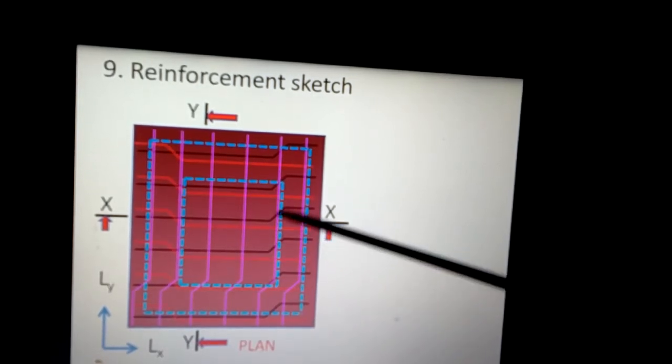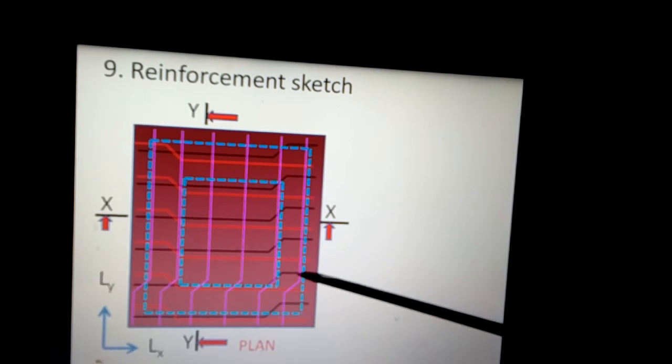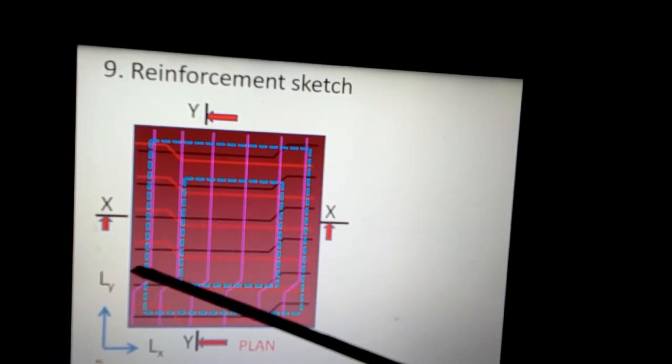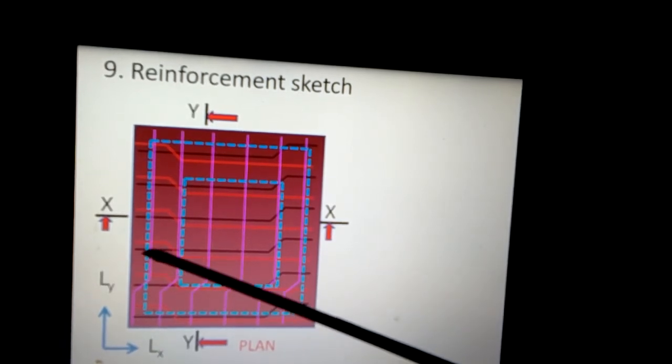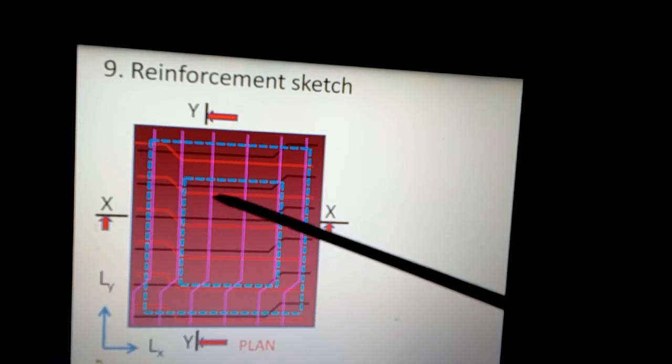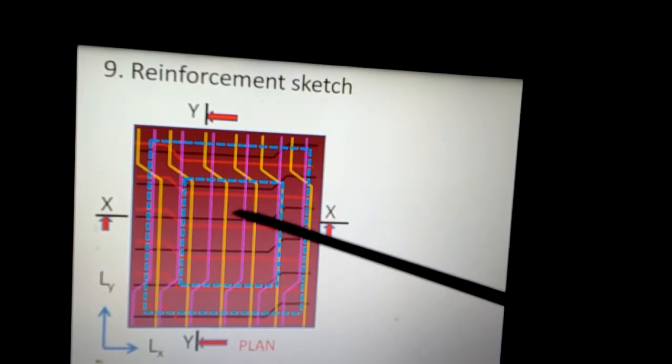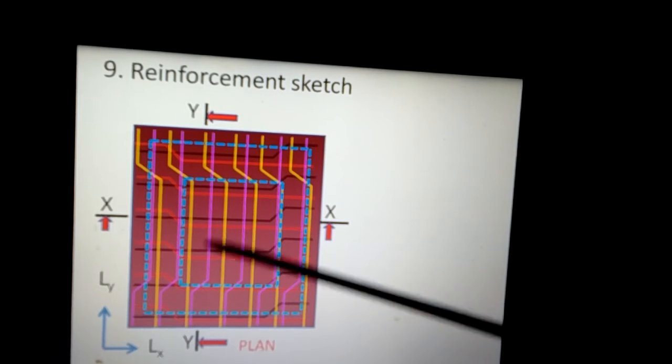Similarly, alternate bars come from this side, again going up to a distance of Lx by 7 from this support and starting to go up, that is the bent up bars. This way, along all four edges of the slab, various bars would be arranged and placed.